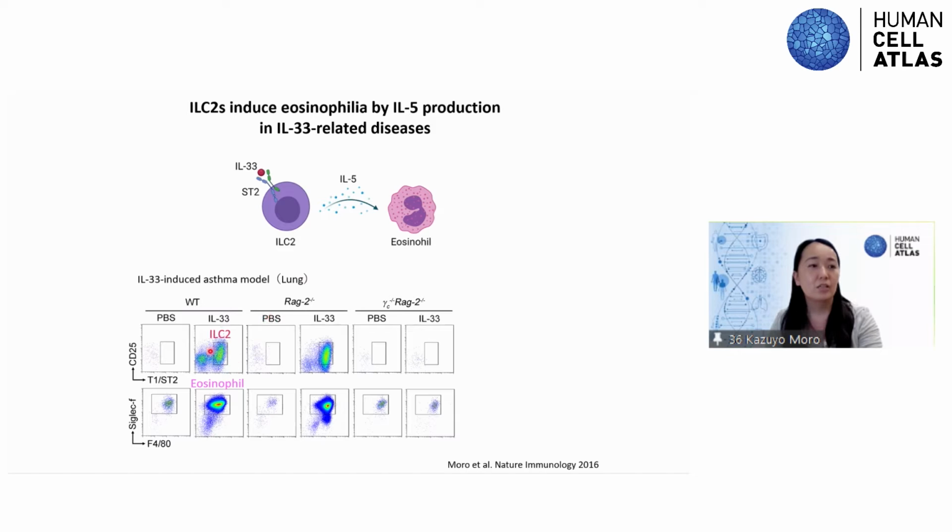As you can see here, in the wild type and RAG2 knockout, which lacks T cells and B cells, ILC2 can induce eosinophils, but in common gamma RAG2 knockout mice, which lack T cells, B cells and also ILCs, there's no ILC2 and eosinophilia never occurs. But if we inject, oops, so go to my slide.